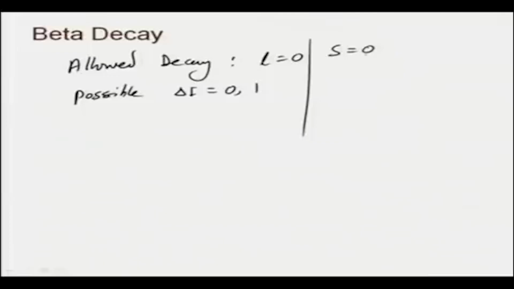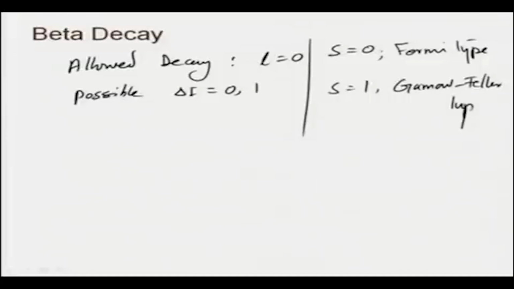S equal to 0 are called Fermi type beta decay, S equal to 1 are called Gamow-Teller type decay, and therefore, as 0 to 0, some cases 0 to 0 transition.